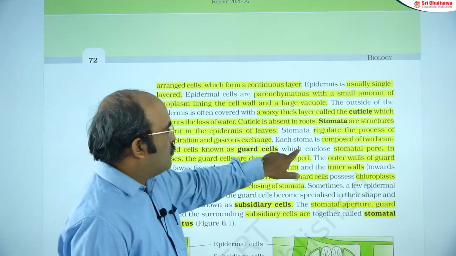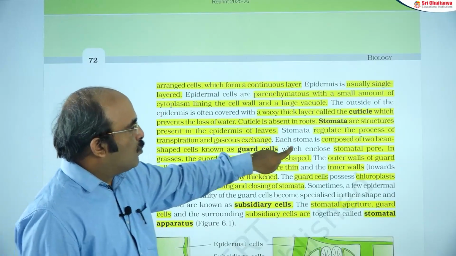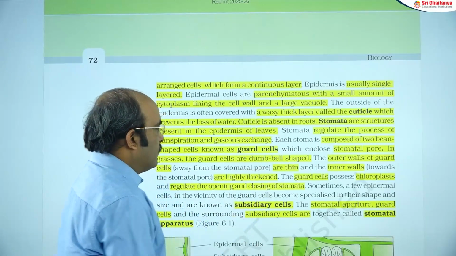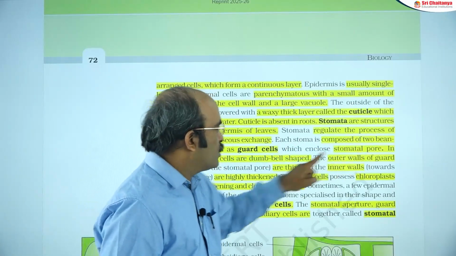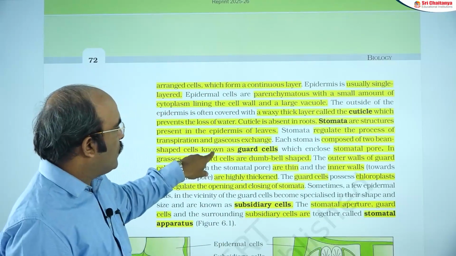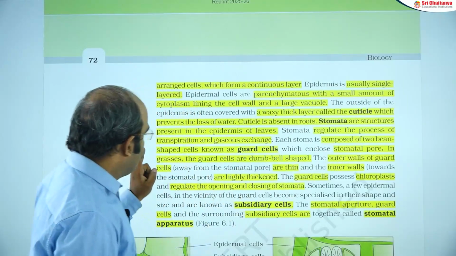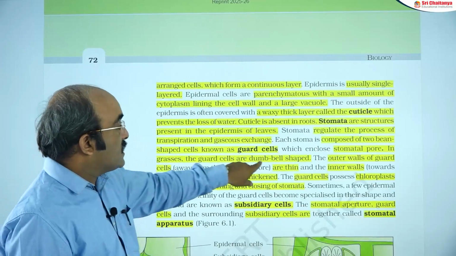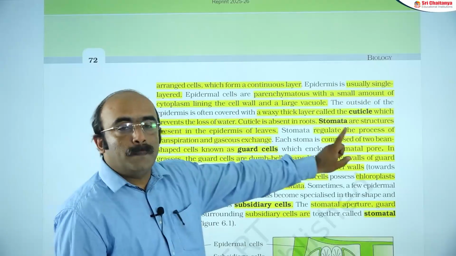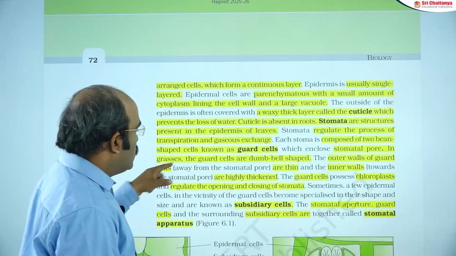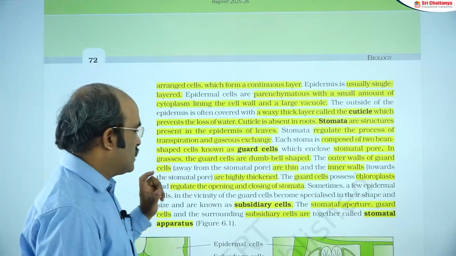If you observe, the stoma is composed of two guard cells, and the shape of the guard cells differs. Each stoma is composed of two bean-shaped cells called guard cells which enclose the stomatal pore. In grasses, the guard cells are dumbbell-shaped. So bean-shaped is with respect to the dicots, dumbbell-shaped is with respect to grasses.